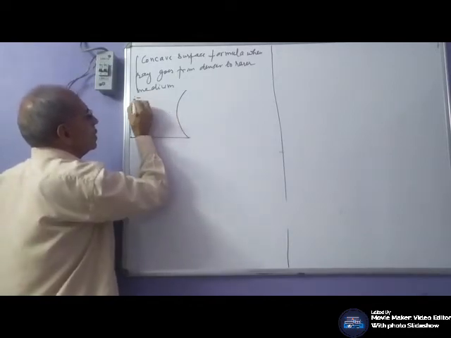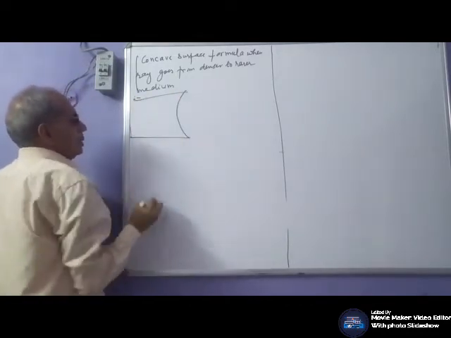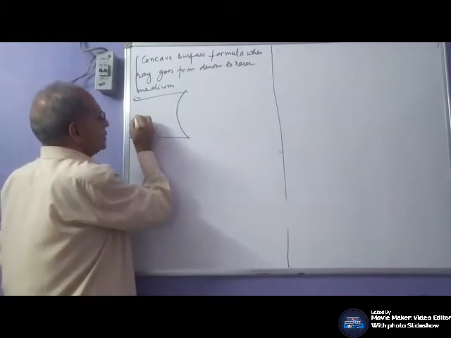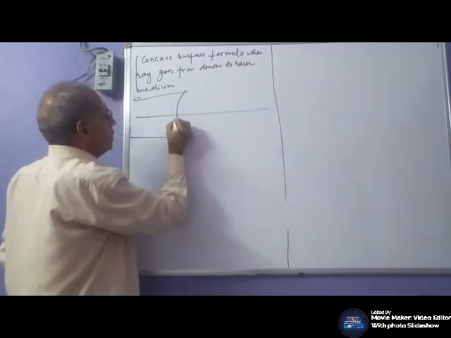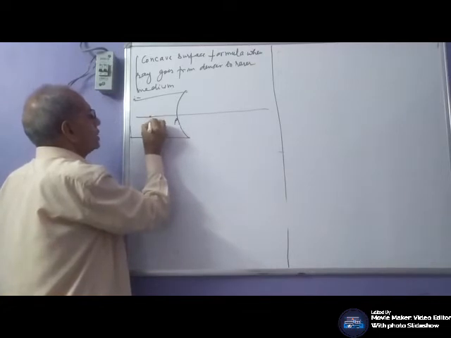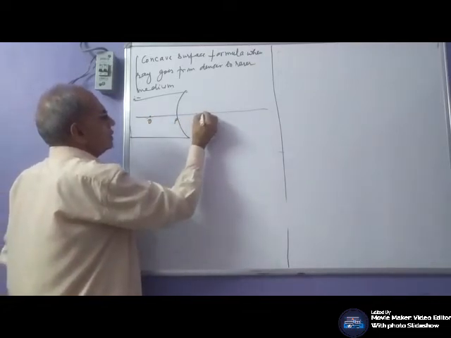This is a concave spherical surface. This is the object. This is C.